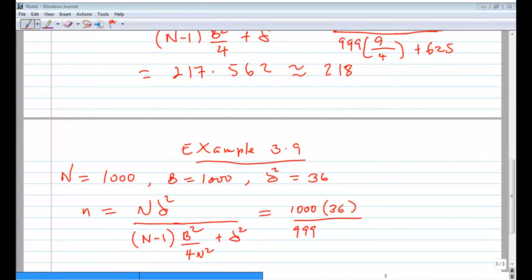A bound is what? It's 1,000, isn't it? 1,000 squared. Then you divide by 4 times 1,000 squared. Then plus 36.